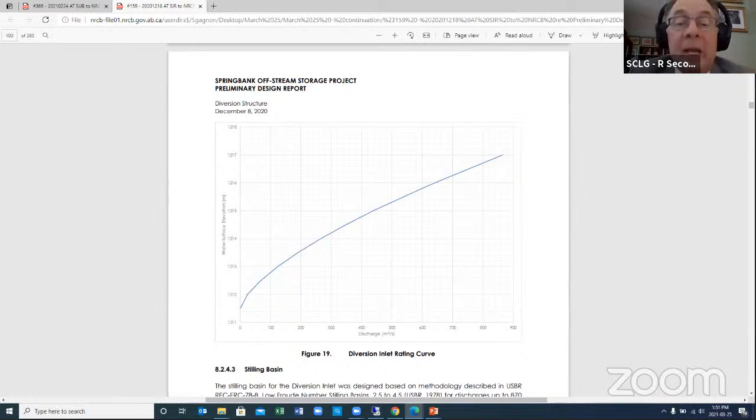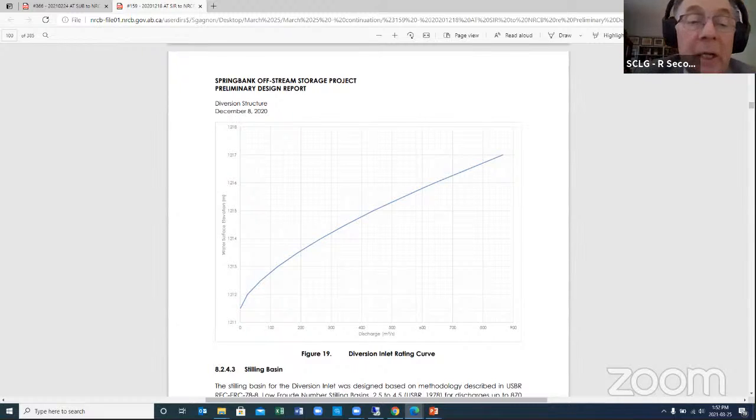Between the 2017 draft and final preliminary designs, an access bridge has been added over the diversion inlet with a bottom elevation of 1,215.5 meters, correct? It was in the 2017 design as well, Mr. Secord. Okay.